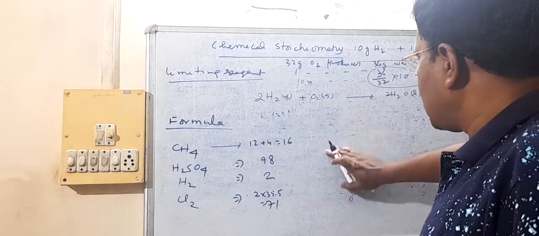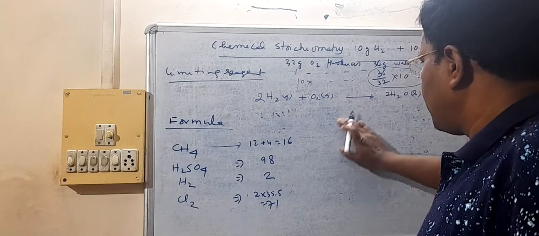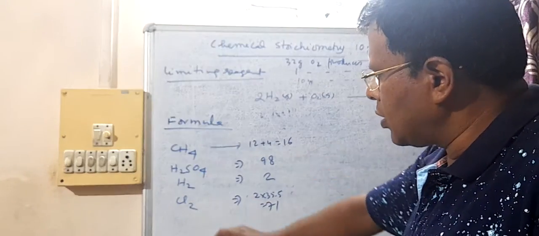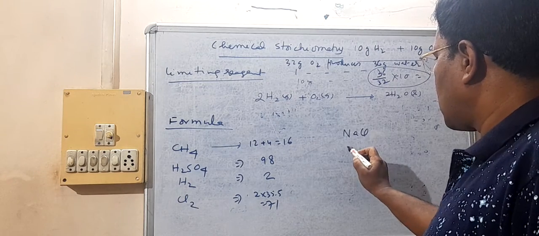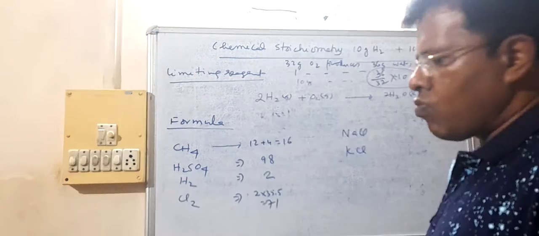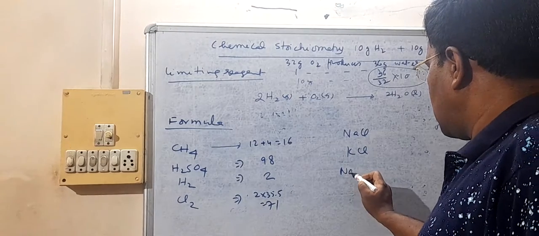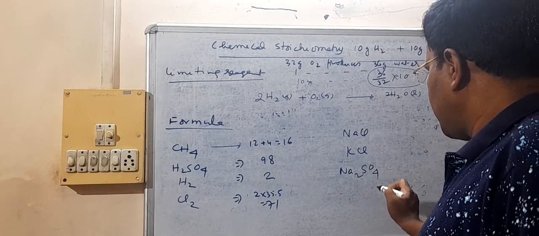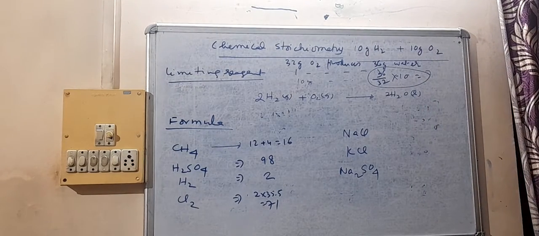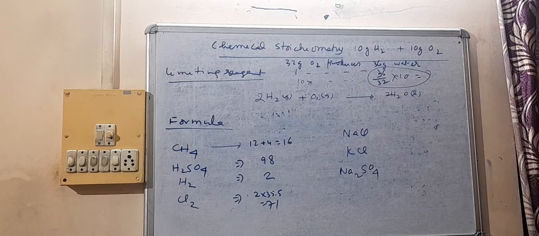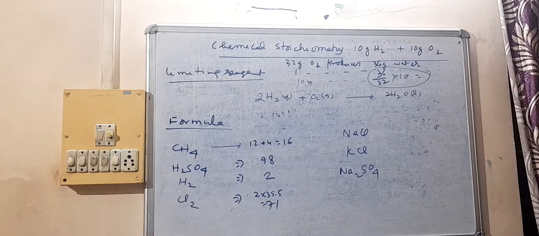Now let us consider some ionic compounds, say sodium chloride, KCl, or sodium sulfate. These are ionic compounds. Ionic compounds consist of ions.